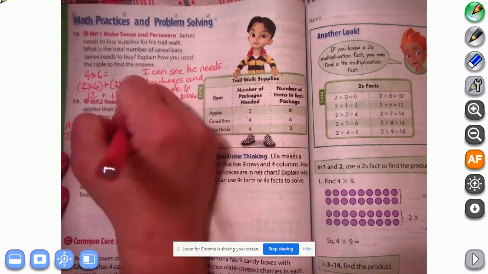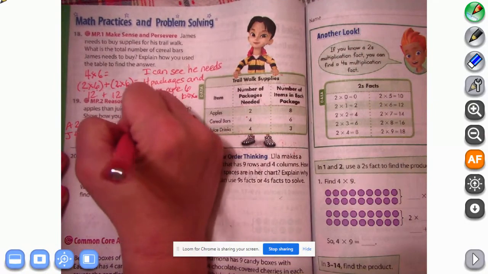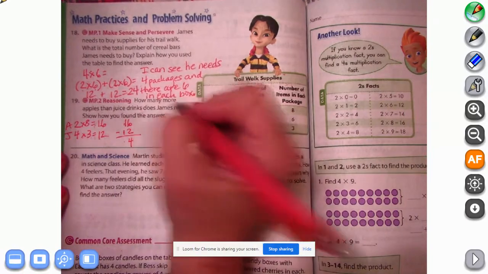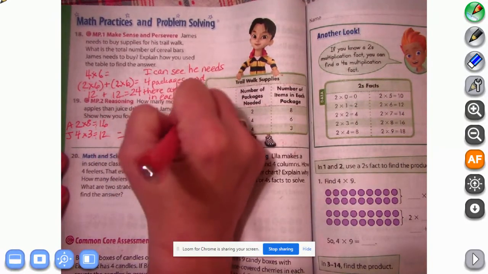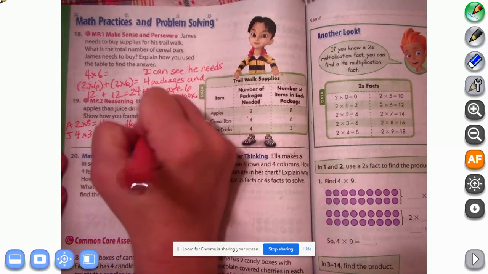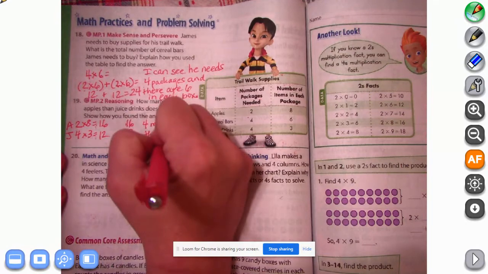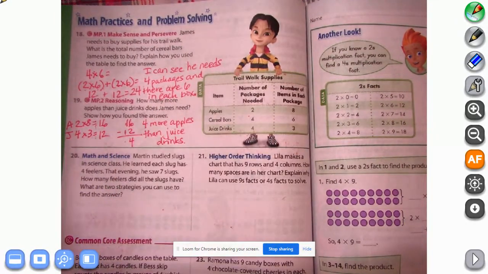So we're going to do 16, take away the 12. 6 minus 2 is 4. 1 minus 1 is 0. So there are 4 more apples than juice drinks. Okay. Go ahead and get that written down if you need to.